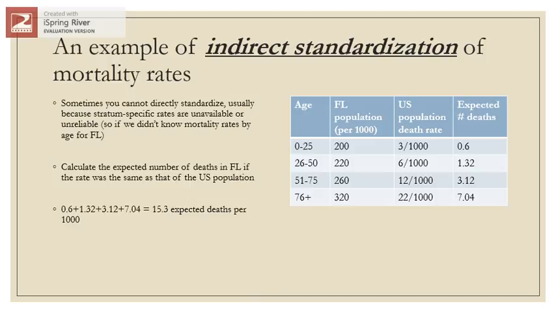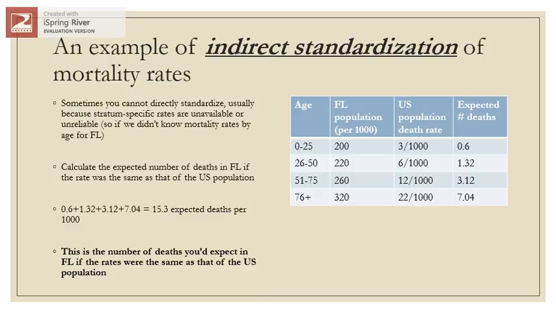And we added these numbers together. 0.6 plus 1.32 plus 3.12 plus 7.04. Add those together. 15.3 expected deaths per 1,000 people in Florida. This is the number of deaths you'd expect in Florida, 15.3, if the rates were the same as that of the United States population.